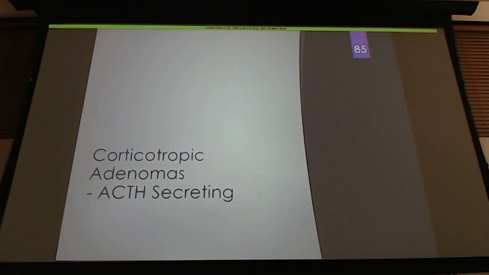Switching to corticotrophic adenomas. This is our third and final functioning adenoma that we'll talk about. We will talk about Cushing's now, and we're going to talk about more Cushing's in lesson 5. So Cushing's is excess what? ACTH secreting cortisol. Yes, excess cortisol. So we need cortisol.